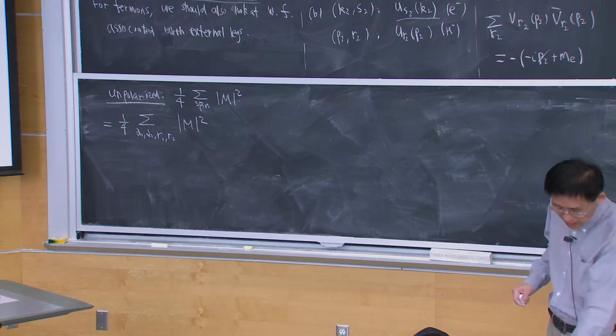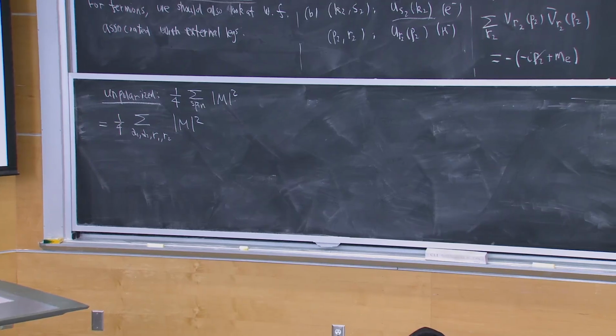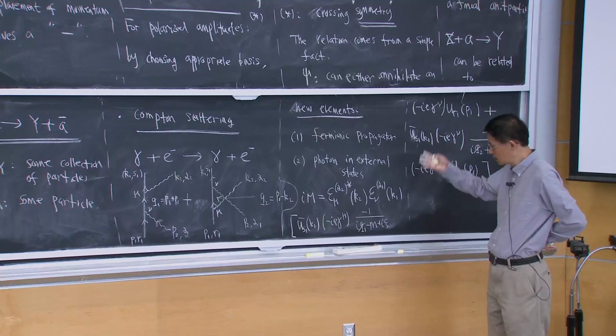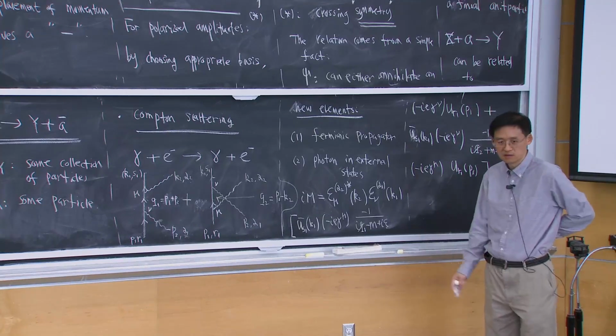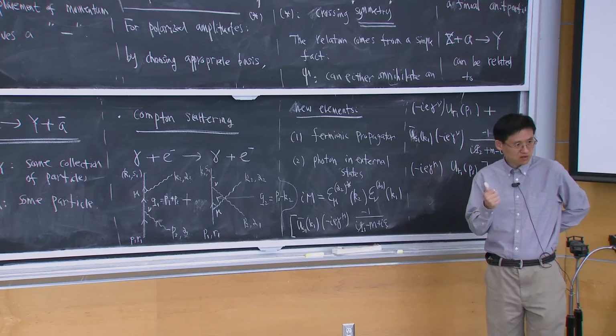So now I will not do a complete calculation of this. You just square it using the trick, and then you try to calculate it. To calculate this, we need to use some more tricks.